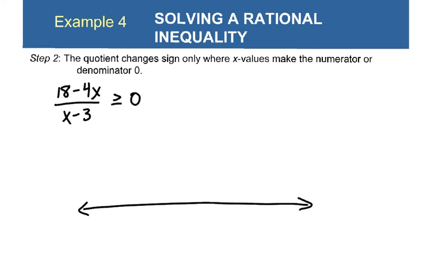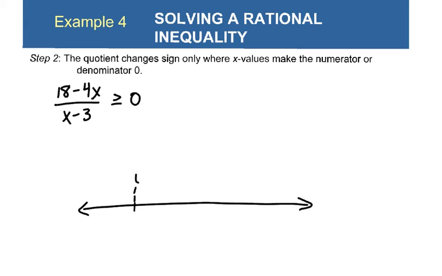I hope you remember that from a previous algebra class, but that's where we're going to have an asymptote, and at that point, our x value does not exist. So that's why we're excluding it from the intervals we are trying to find.